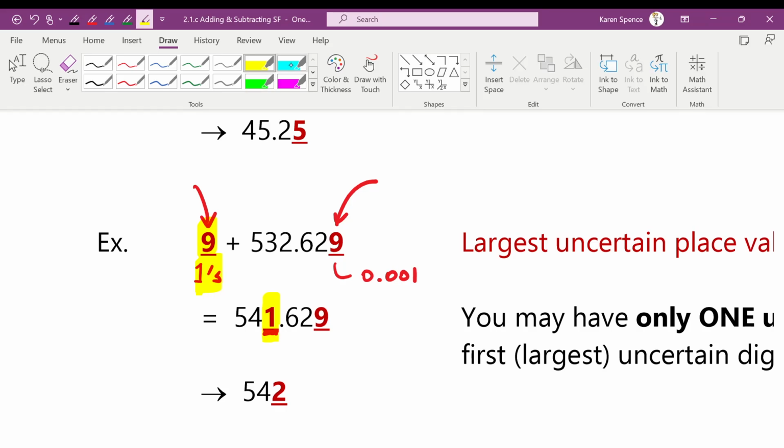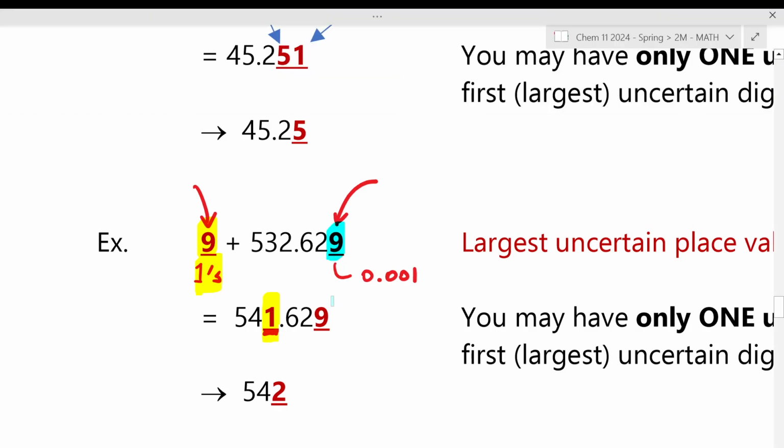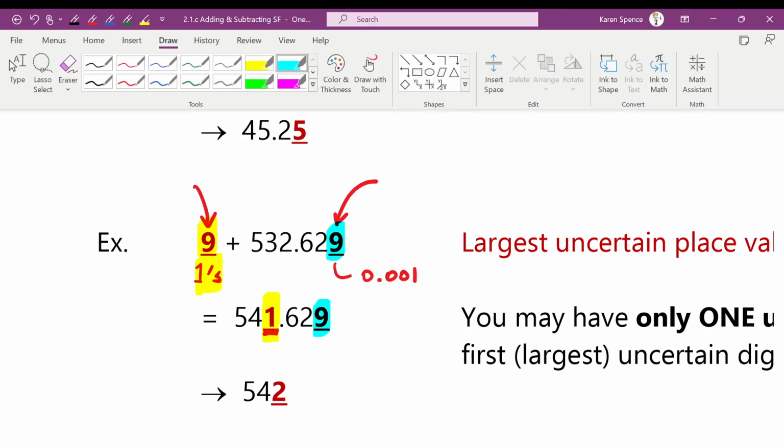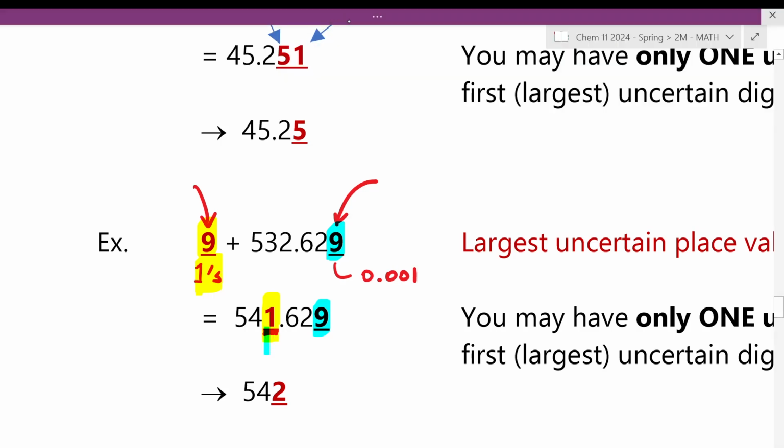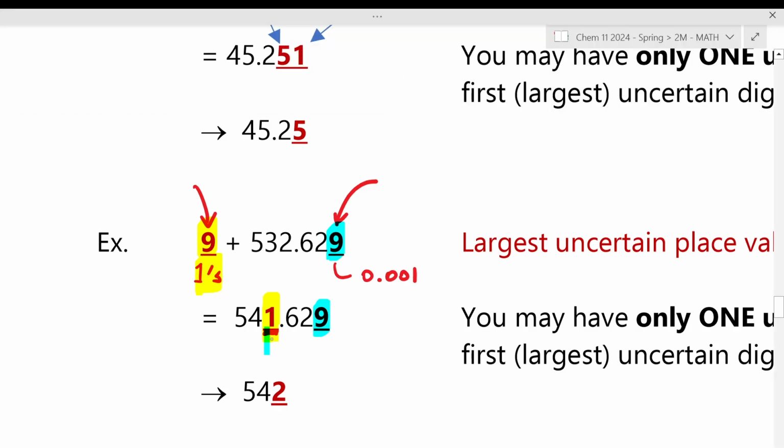So we have to round then to our first uncertain digit. Okay, so we look to the right and we say that is bigger than 5. So we will round up to 542.